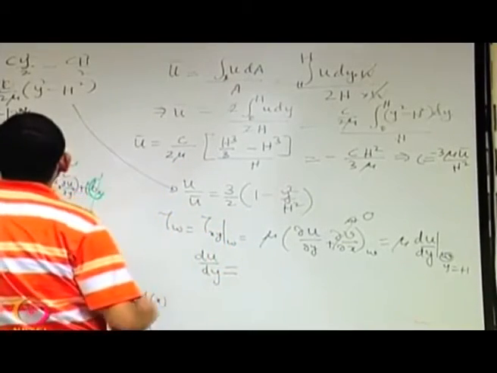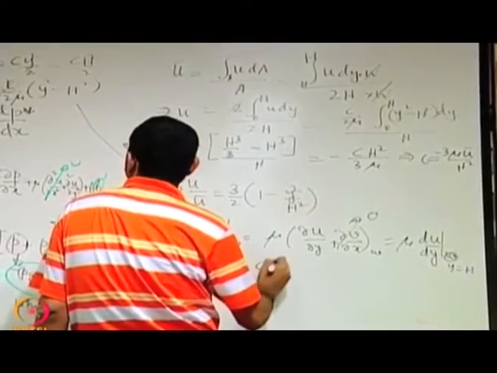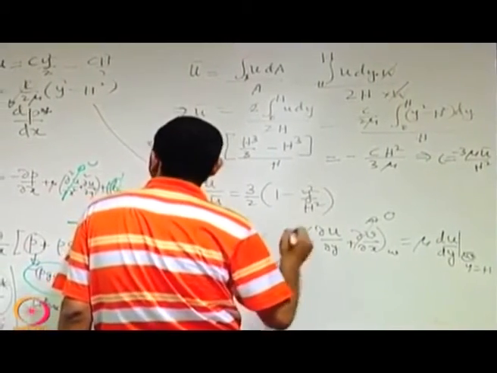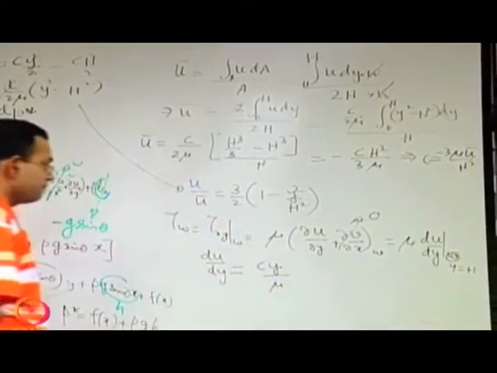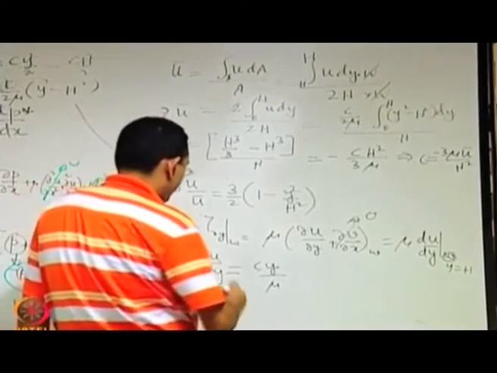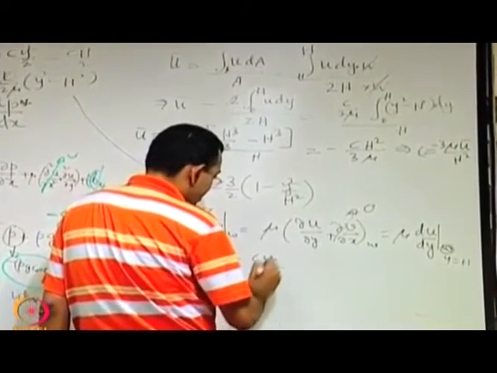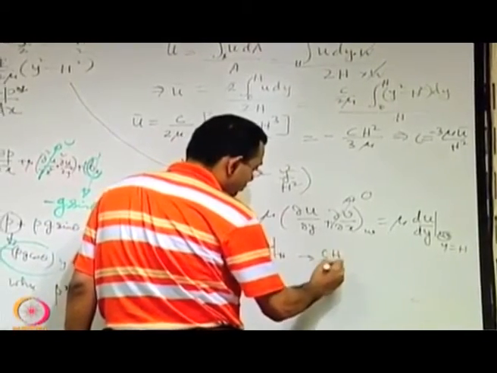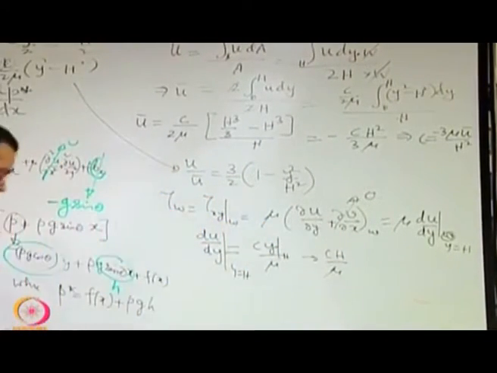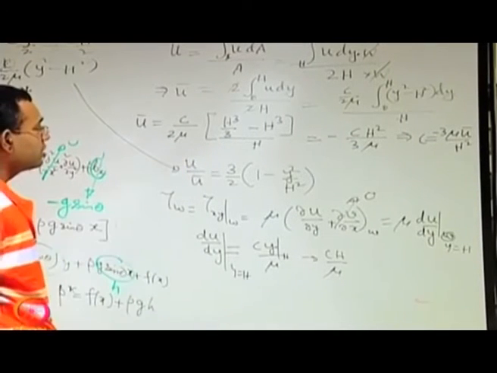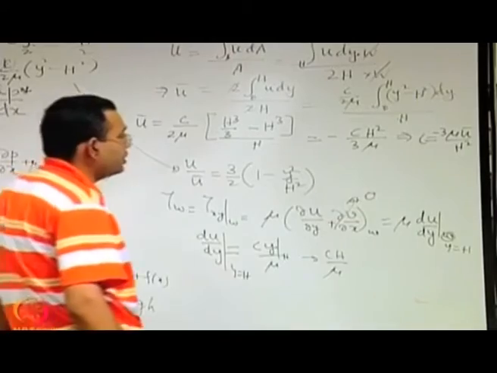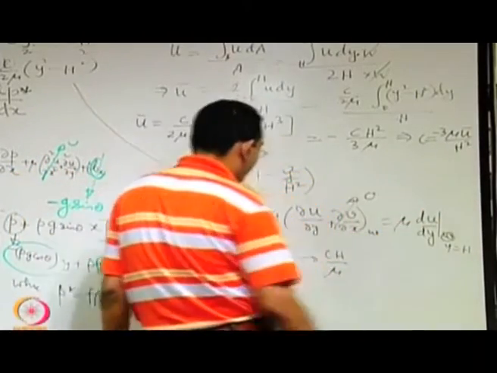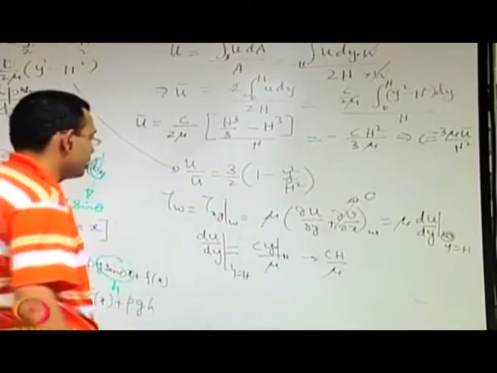So du dy is cy by mu. So du dy at y equal to h is ch by mu, and C we know is minus 3 mu u by h square.